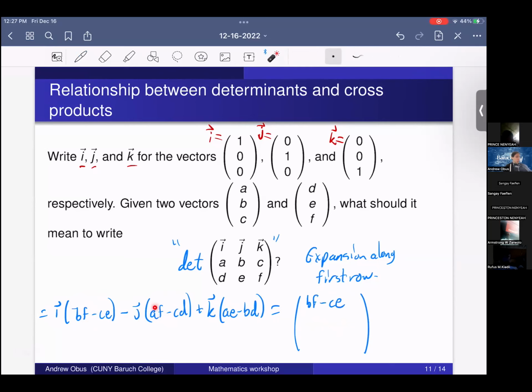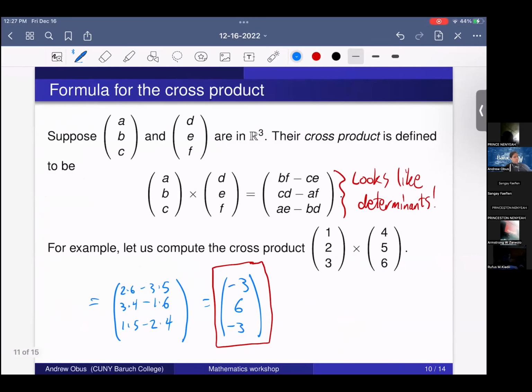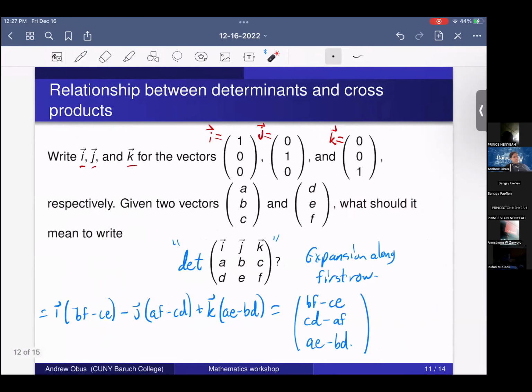Then here, I don't have AF minus CD because there's a minus sign, so I actually get CD minus AF. And then lastly, for the third coordinate, I get AE minus BD. And if you look at this over here, it's exactly the same formula that we have for the cross product. Okay, so this is the same as the cross product formula.